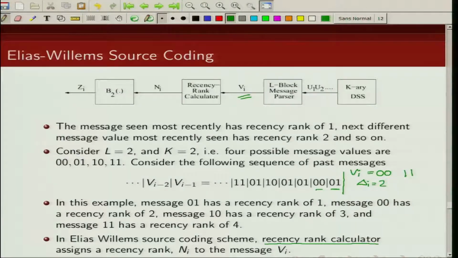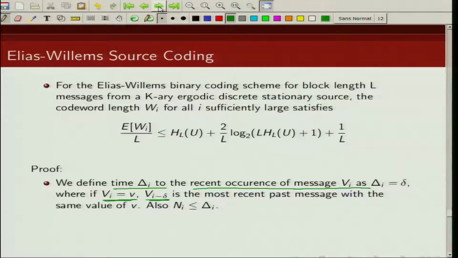I minus 1, I minus 2, I minus 3, I minus 4, I minus 5, I minus 6, I minus 7. So, delta I is going to be 7.